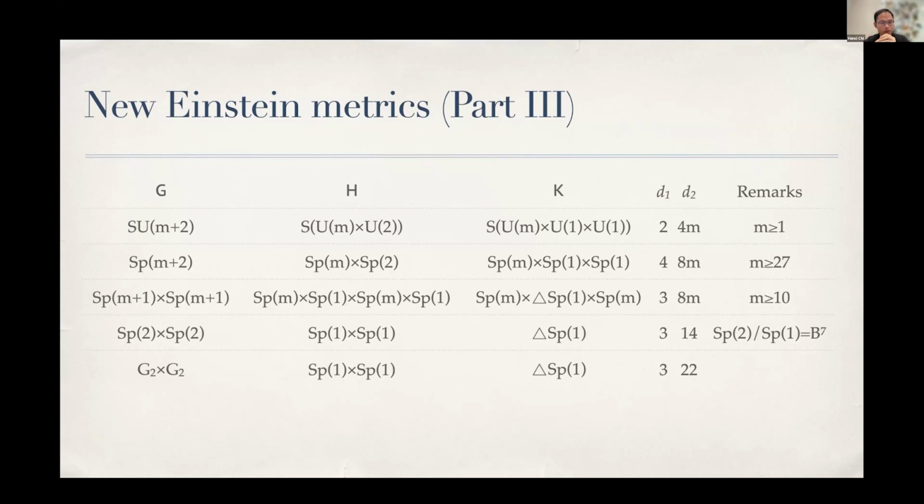And we can still consider the principal orbit with a group structural triple as 2, 4m, and capital A, and we can check that A is small enough to generate a new example of cohomogeneity one Einstein metrics. Right, and the second example here is something I believe they call the generalized Wallach space.